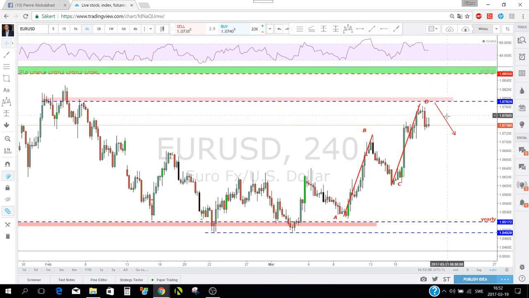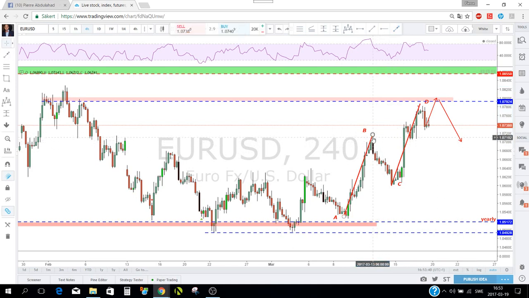I will keep looking for this structure up here. Maybe the price is going to bounce back up, and I will be looking around the 1.08 area to find another entry reason for a short on this pair, and that will give me maybe a better bounce to try to break these lows and go back down to test these highs.